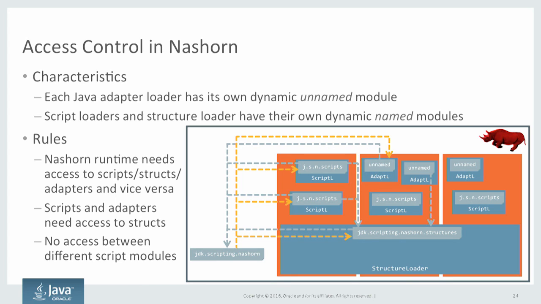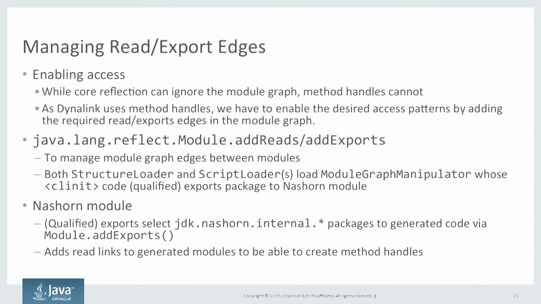And we don't allow any access between individual scripts, classes generated for the individual scripts. To put these rules to action, we need to make the access rights known. These are expressed as the reads relationships, so to speak, between the modules.